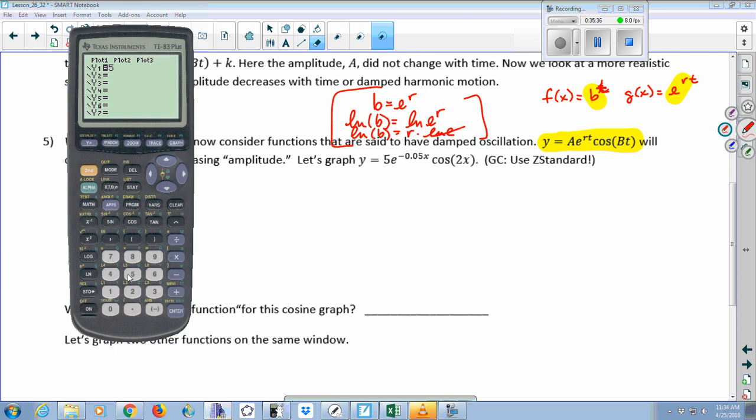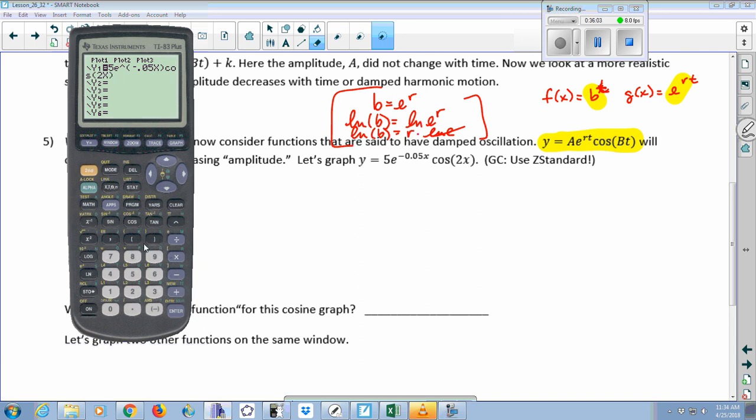5e, so my e button's right above my natural log button because they're inverses of each other. e to the negative 0.05x. And then how do I get cosine 2x here so I'm not still up in the exponent?